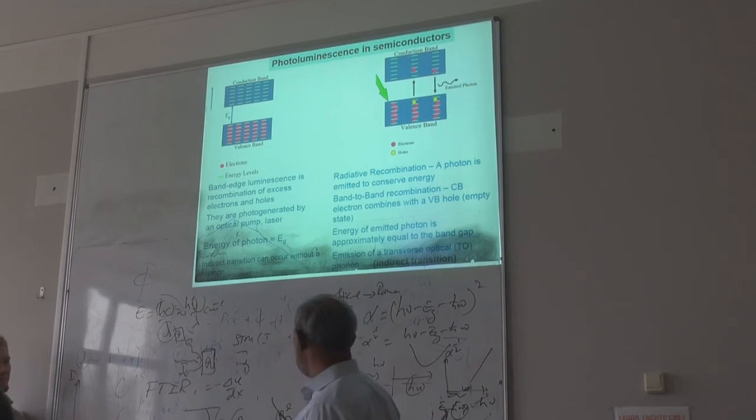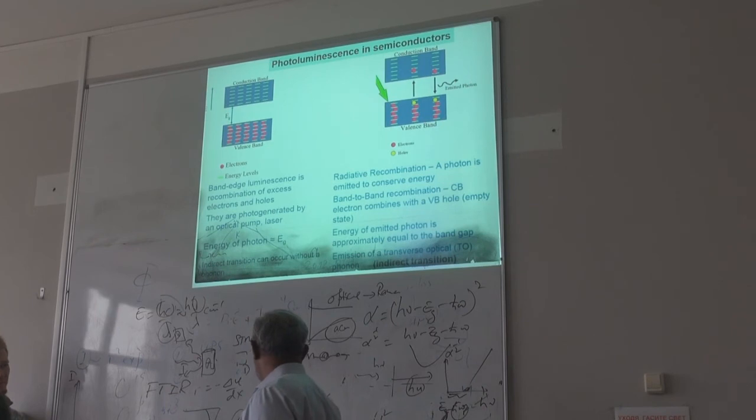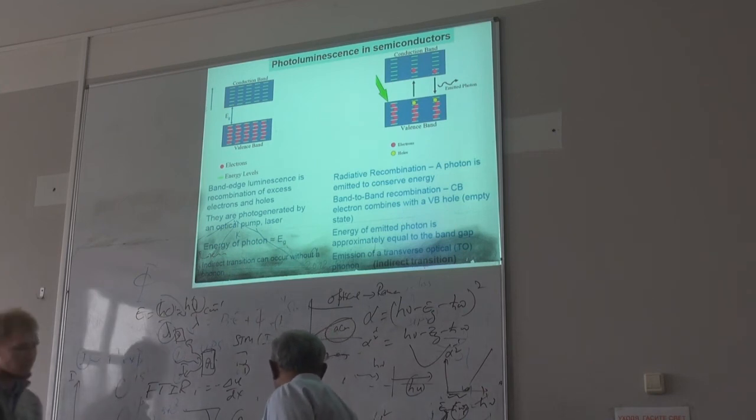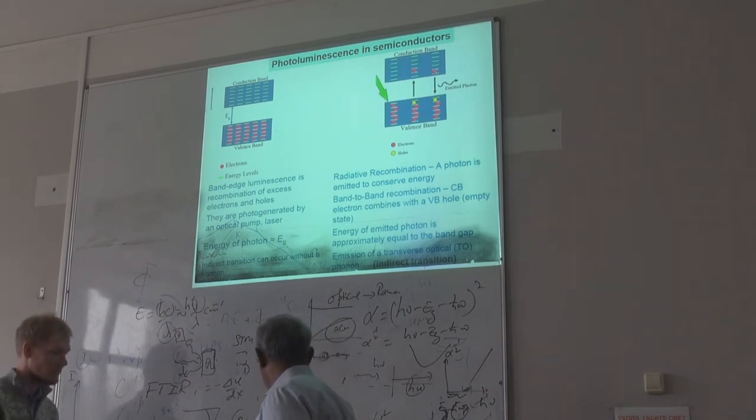But sometimes if you have some defect state here, then an electron can get trapped here. Then it will come from here to here, and it will emit another emission. So we call this the band-to-band transition, or you can have something at the lower band on this energy scale, that is this transition.